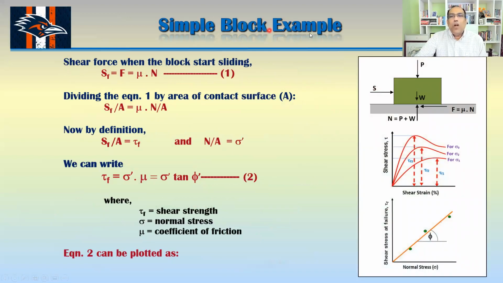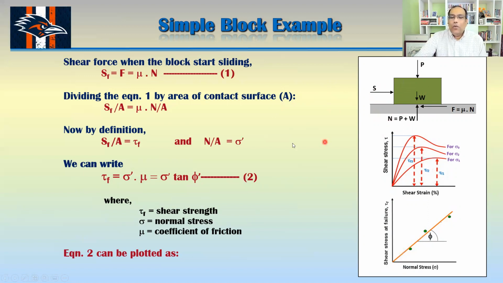That's a simple block example, like what I was talking about in the other slide. If you take a look here, let's say this is one soil particle and there is another soil particle, and this is the contact surface here. And you try to move or shear that one in this direction, okay?